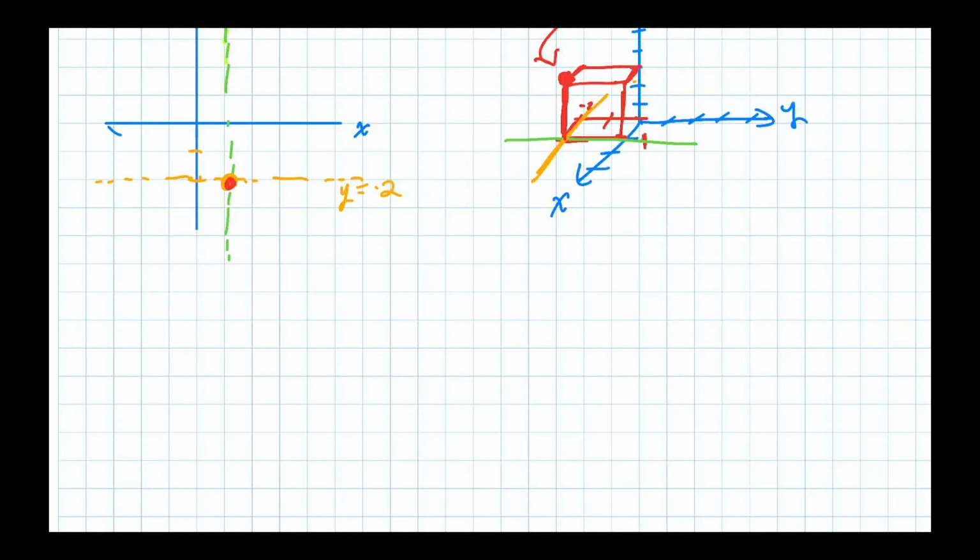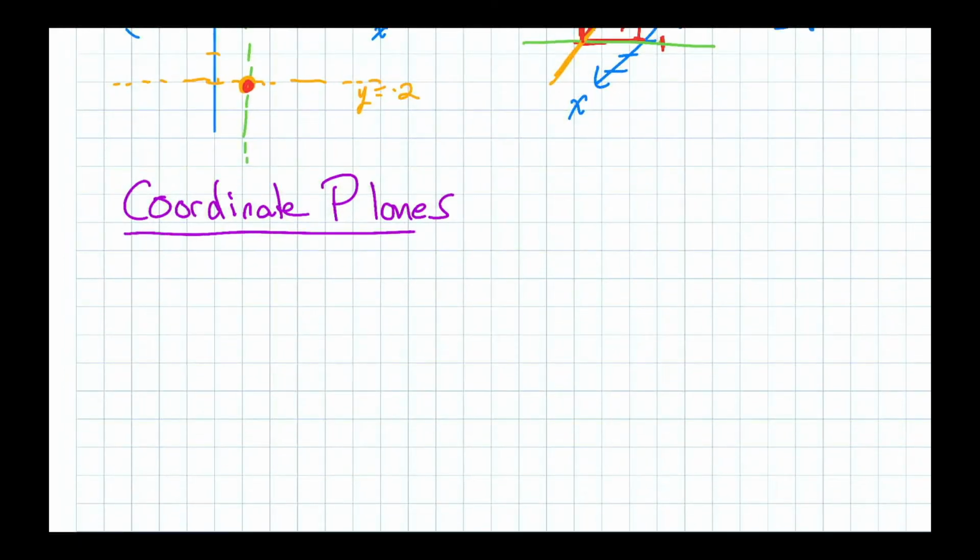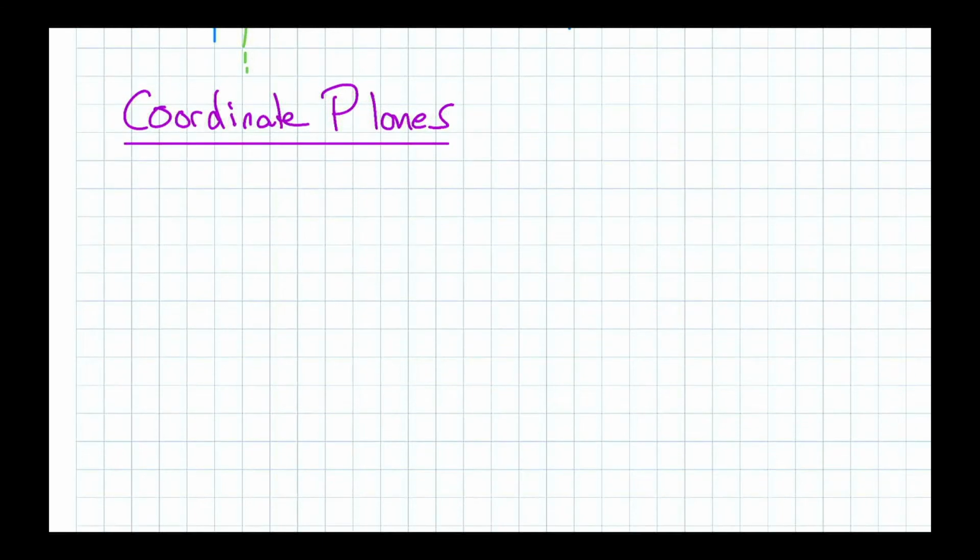What else can we say? Oh yeah, so we can talk about coordinate planes now. Coordinate planes. So there's going to be 3 coordinate planes. And what a coordinate plane is, if you set one of the variables equal to 0.